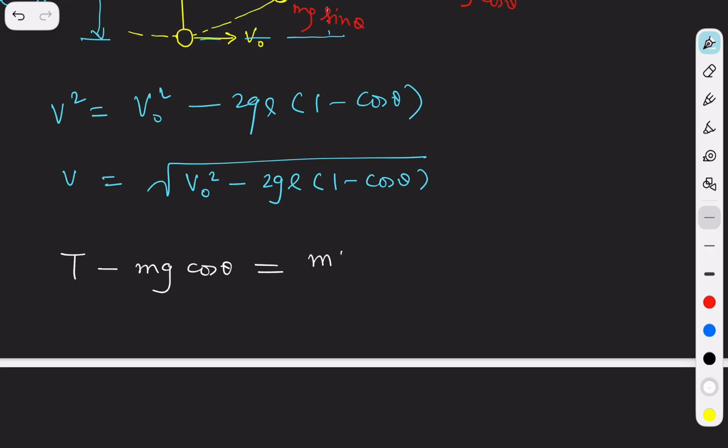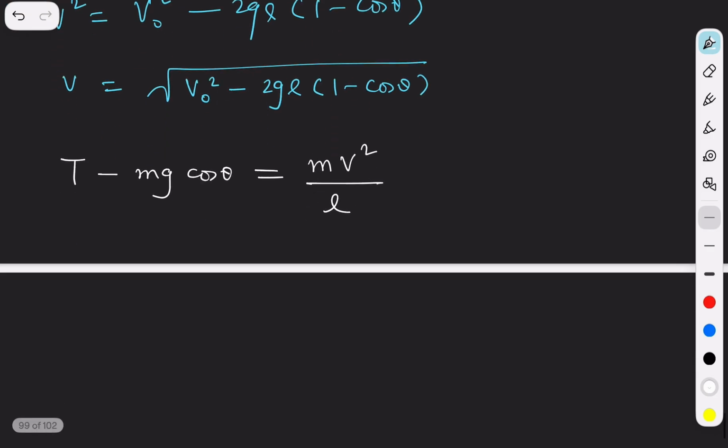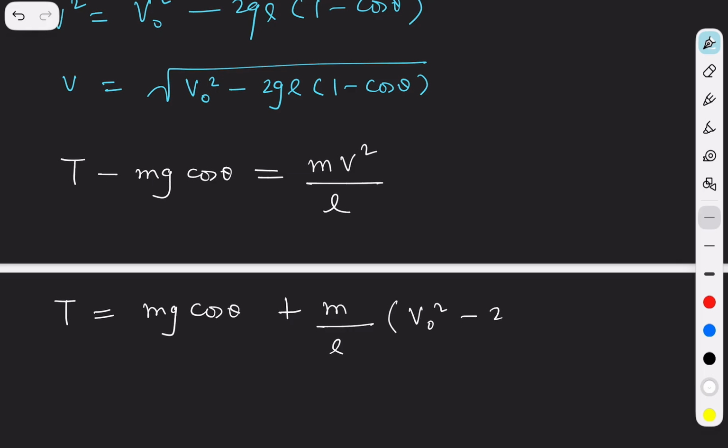Using this, if I want to calculate the tension, it will be nothing but mg cos theta plus m by L. Let me put the v square value here: v naught square minus 2gL (1 minus cos theta).